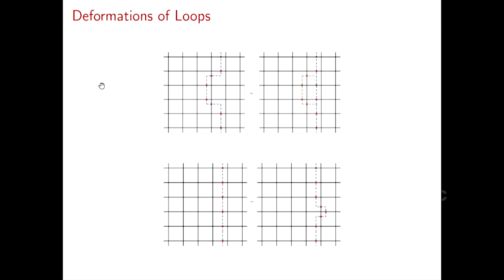The only deformation I'm allowed to do is a very local one. I can only deform this loop around the vertex which is adjacent to it. I cannot do any more deformations. So each non-contractible loop which can be formed across this surface will give you a new state.